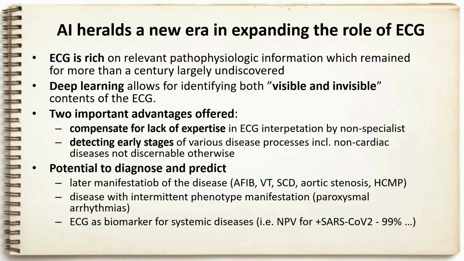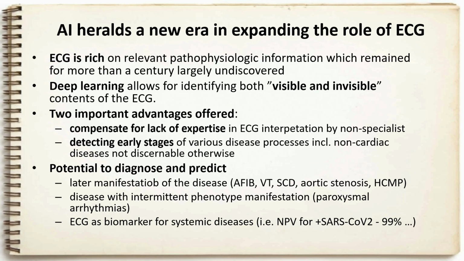So artificial intelligence, I believe, heralds a new era for electrocardiography as such. It is rich in relevant information which was hidden, undiscovered until now. It allows us to identify both visible and invisible features in the standard 12-lead ECG, and there are two important advantages.